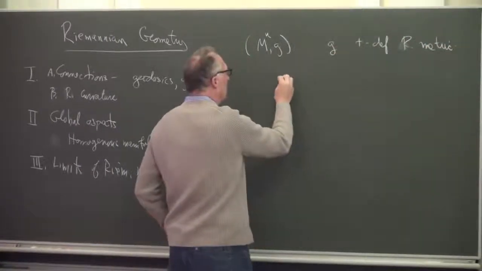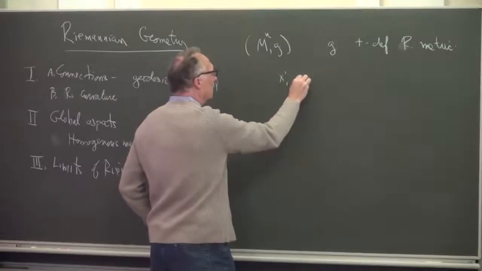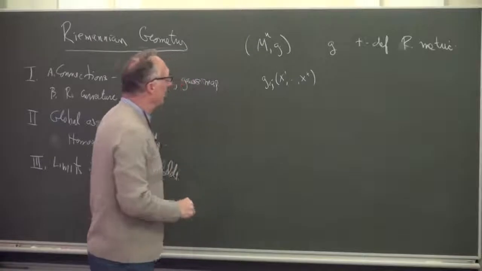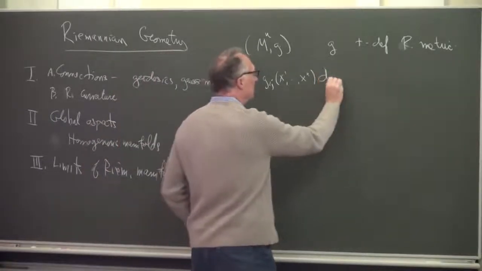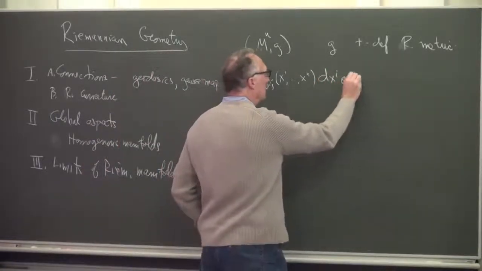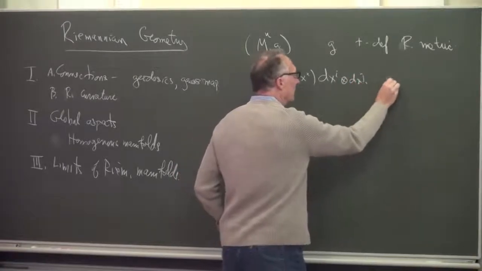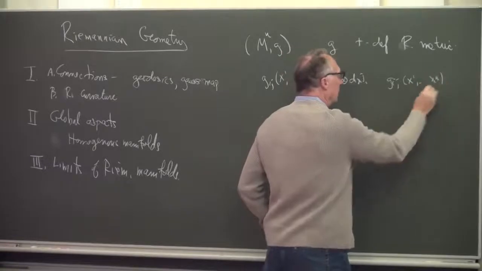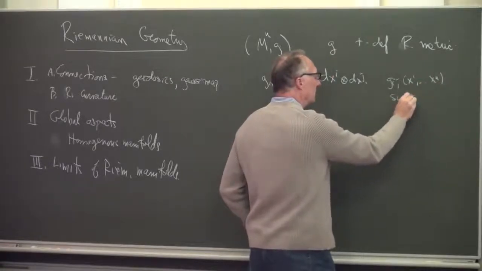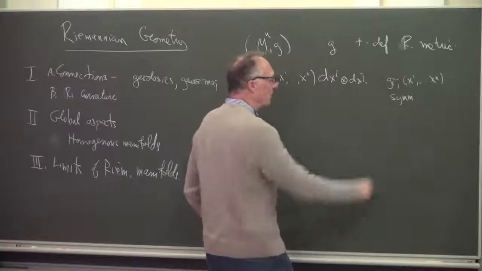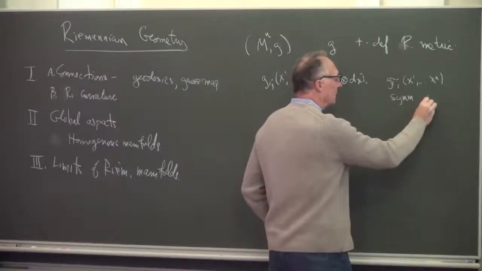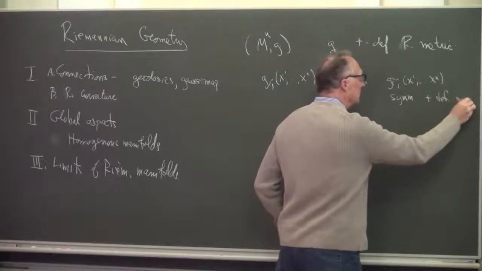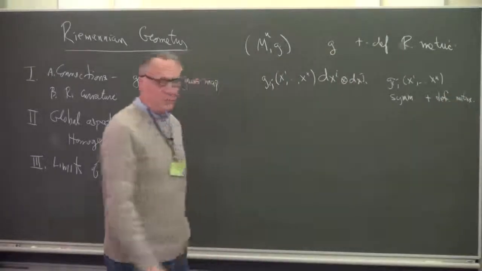If I write it out in local coordinates, then the metric is given as a symmetric matrix, the g_ij. These are smooth functions on the manifold. They make at each point a symmetric, positive definite matrix. So that's a Riemannian metric.